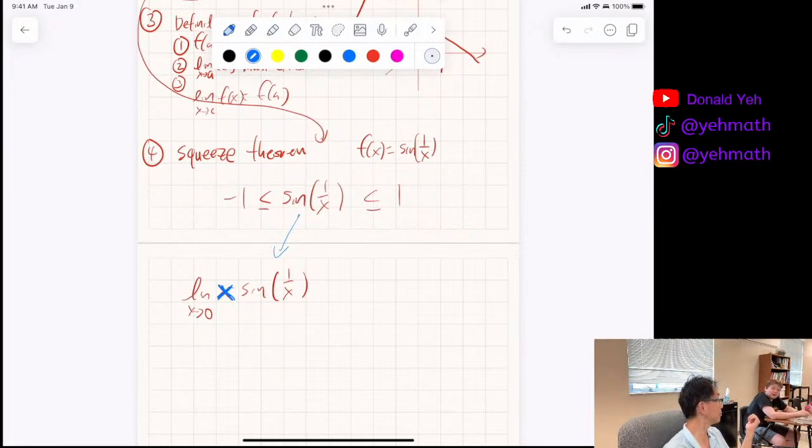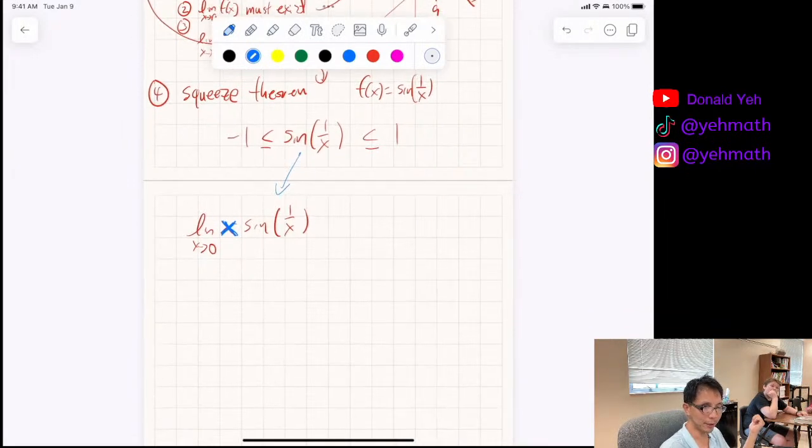Multiply by what? Multiply by x, right? But remember the inequality. On your review sheet, there is an inequality. It's called a compound inequality. It has a left function and a right function of negative 1 and 1. So your whole goal is to make this look like this.